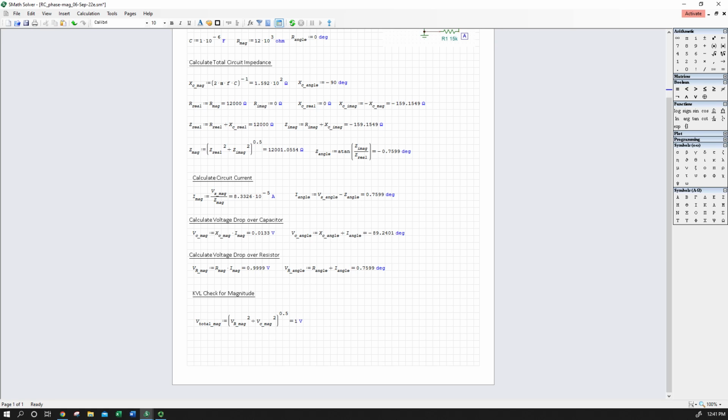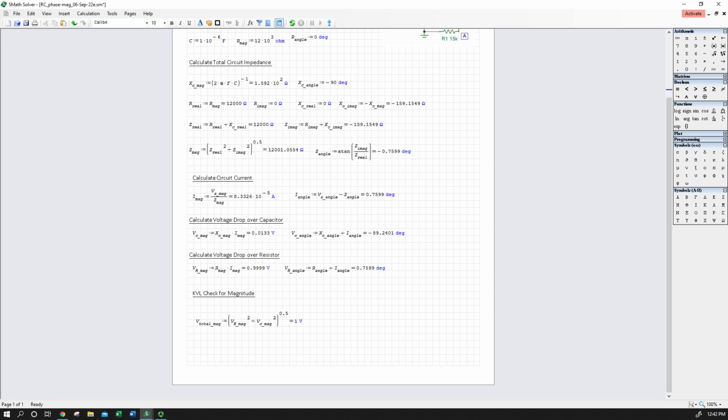I can't just add the angles straight up per se. What I need to do now is re-express the voltage drops over the capacitor and the resistor in Cartesian components, and then use those with my trig relationship.